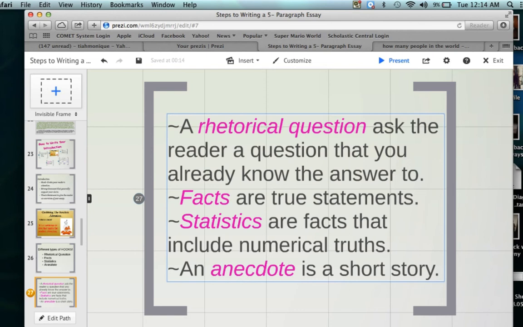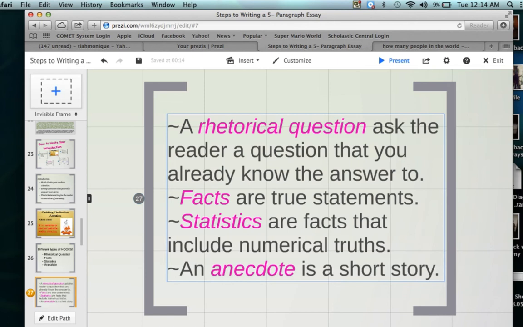A fact, something that's true, a true statement that you might have dug out to help set the stage. It can be something like, did you know that 2 out of 3 people who smoke can end up with lung cancer and possibly die? That's a fact. But it's also a statistic, which leads us to the next one. A statistic is a fact that includes numbers.